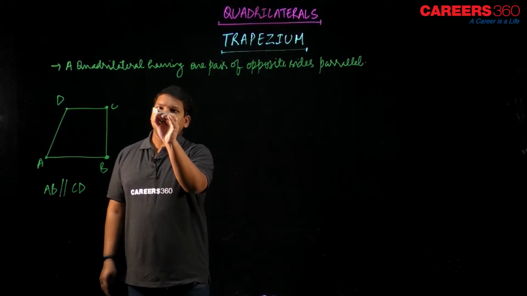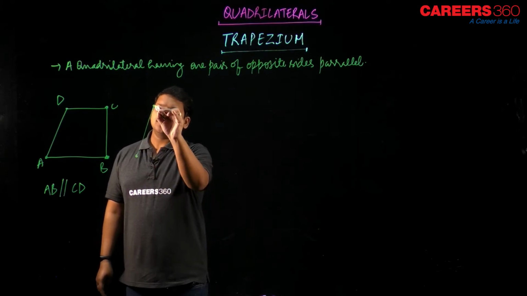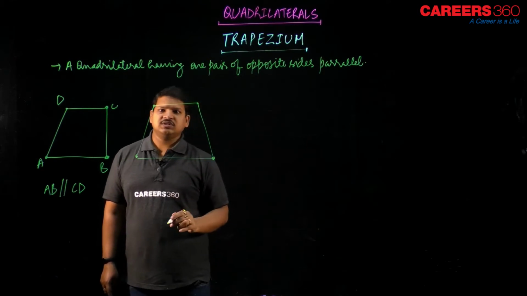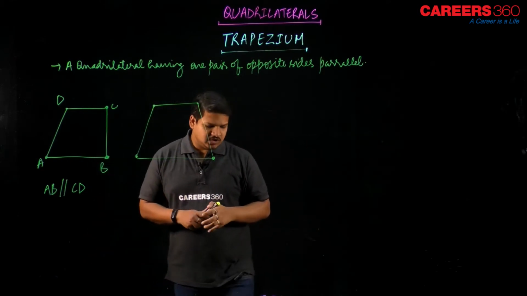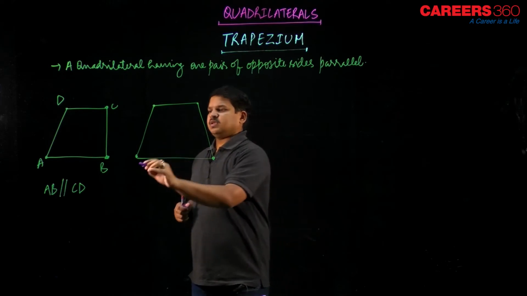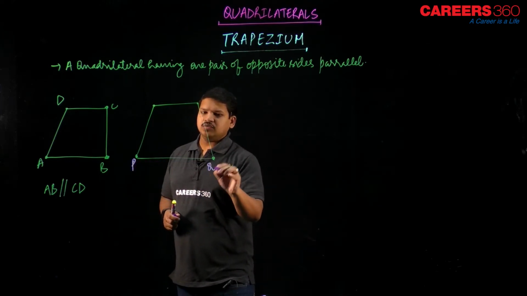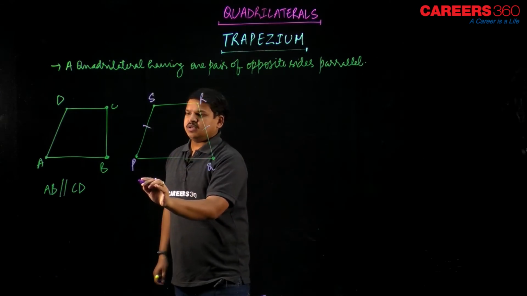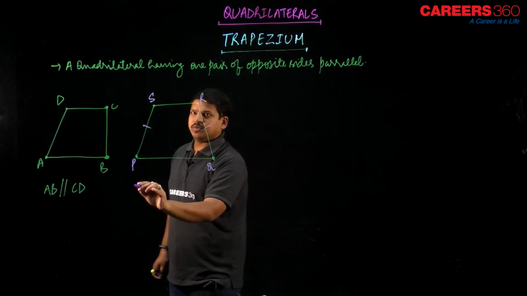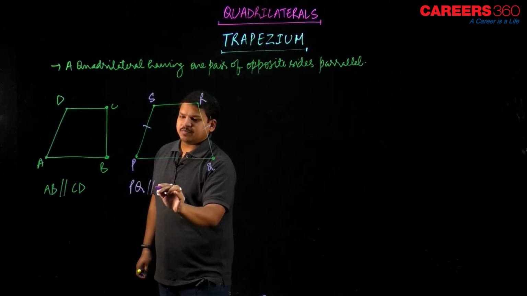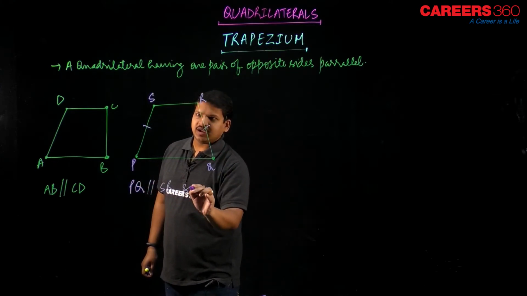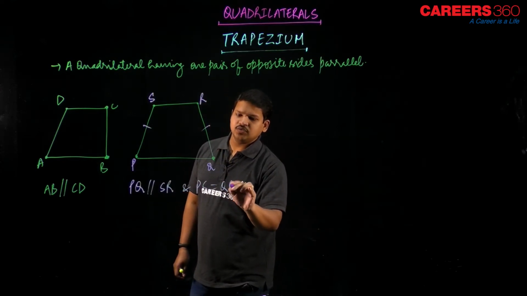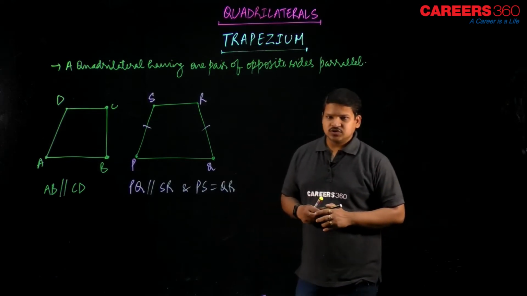So, for example, if I draw a figure like this, in this figure, this is again P, Q, R and S, and I am assuming that PQ is parallel to SR and PS is equal to QR.